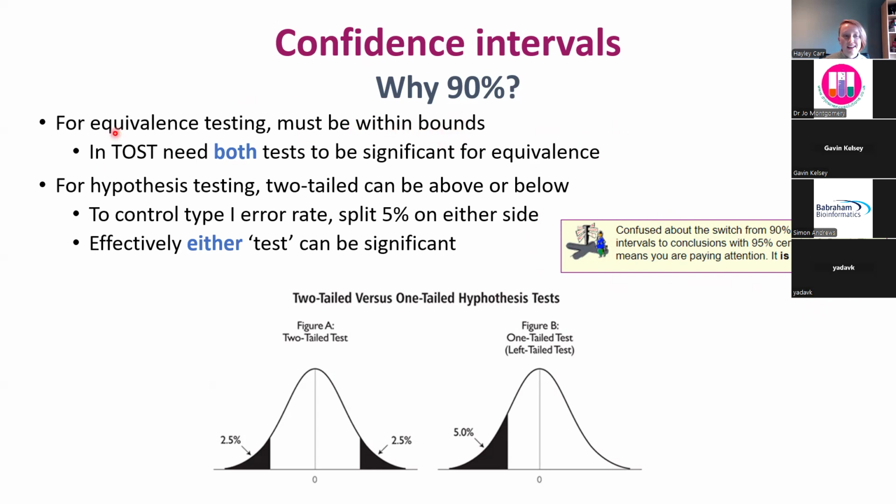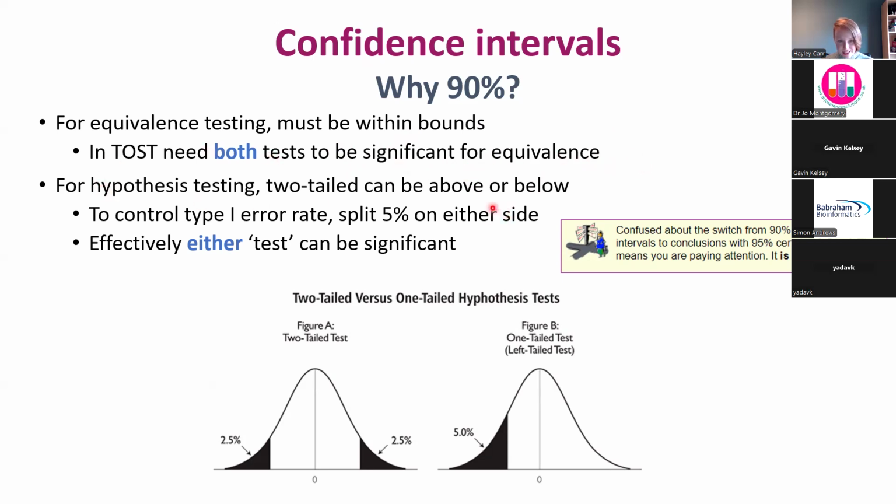So I think the easiest way to think about this is that for equivalence testing, to have a significant effect, it must be within the bounds, within that particular area. And so when we're doing our two one-sided tests, we need both tests to be significant for this to be considered equivalent.